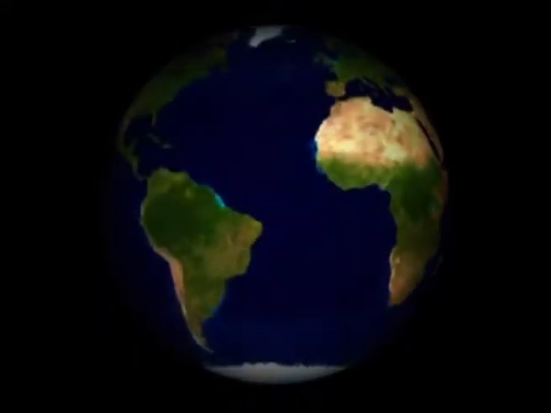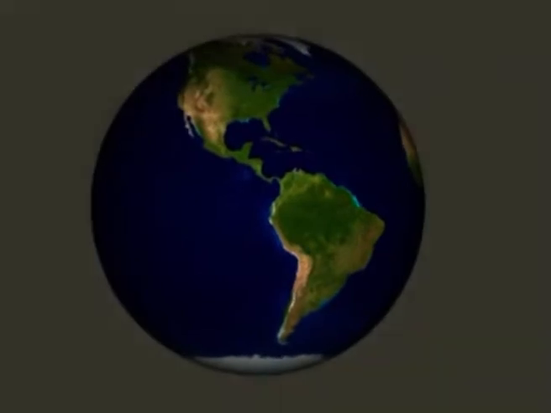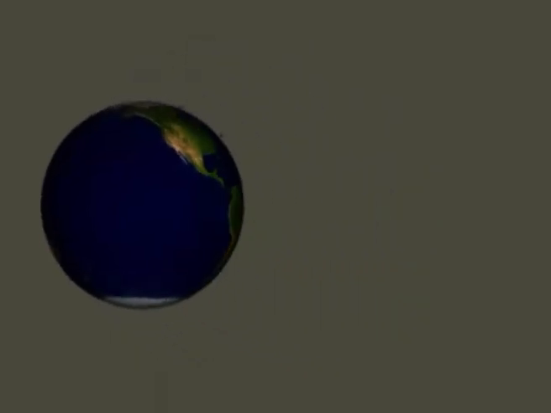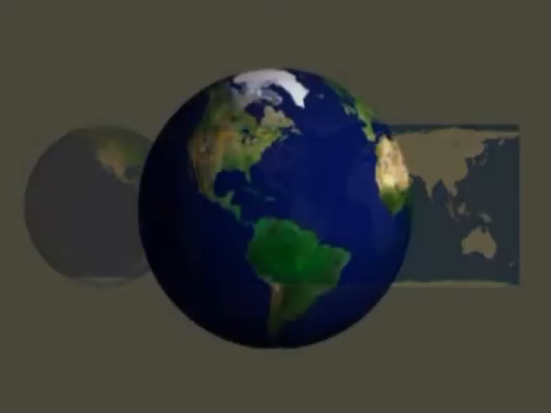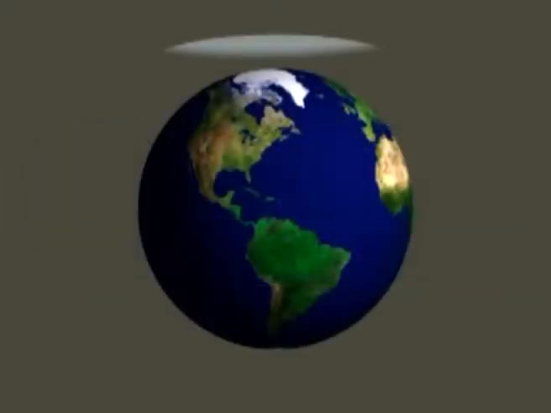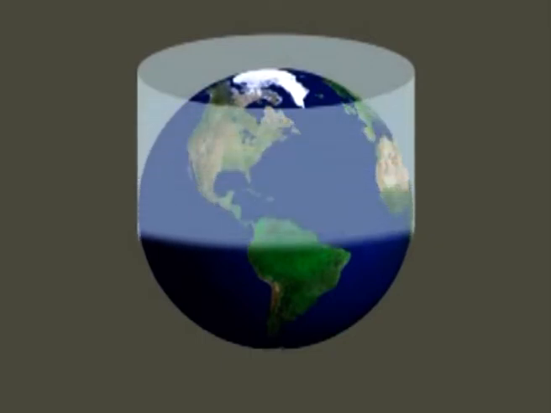Introduction. A map projection is a systematic transformation of latitudes and longitudes of locations on the surface of a sphere or an ellipsoid into locations on a plane. Map projections are necessary for creating maps. All map projections distort the surface in some fashion.